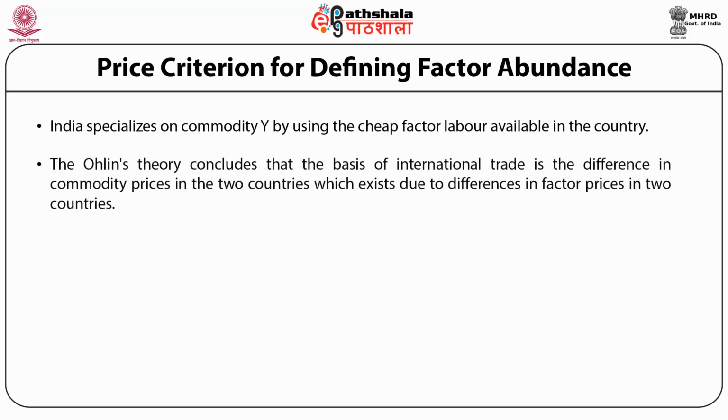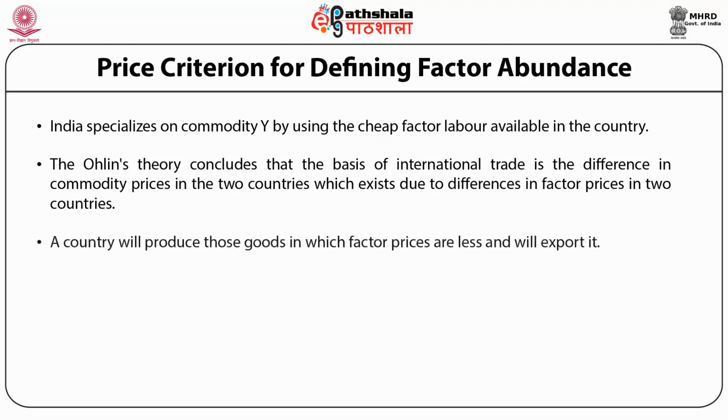The Ohlin theory concludes that the basis of international trade is the difference in commodity prices in the two countries, which exist due to the differences in the factor prices in both countries. A country will produce those goods in which factor prices are less and will export it.